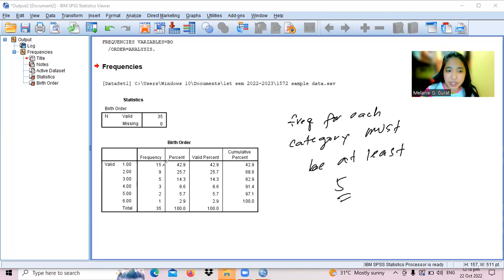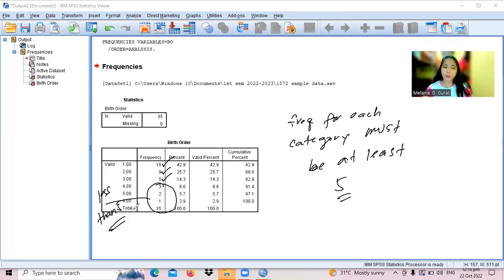So we see here that it's okay for first child, second child, and third child, but when we reach this part, it is less than 5.